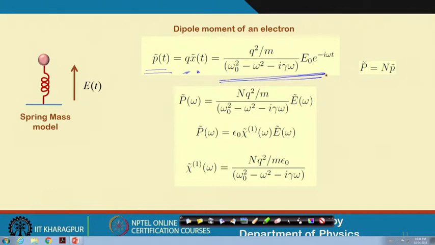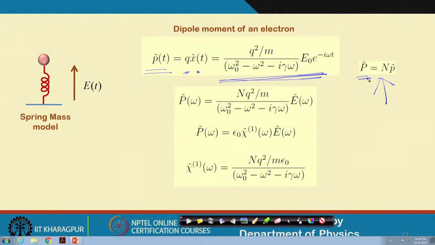Polarization is the dipole moment per unit volume. So, if n is the number of dipoles per unit volume, and I multiply it with the individual dipole moment p, then the big P will be the dipole moment per unit volume.